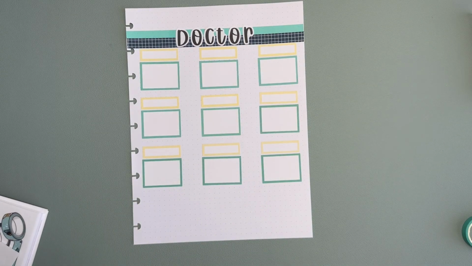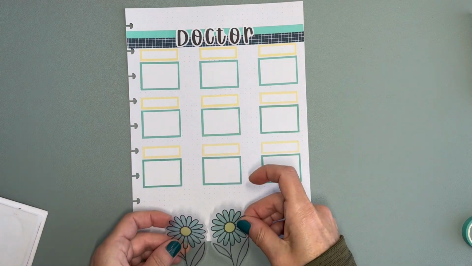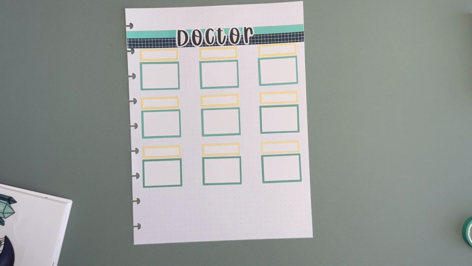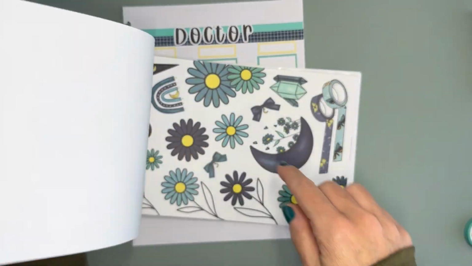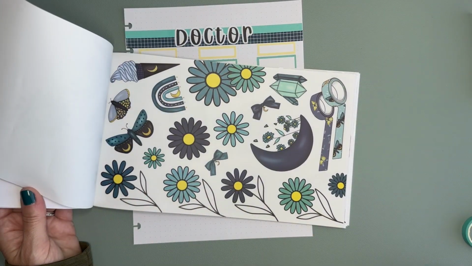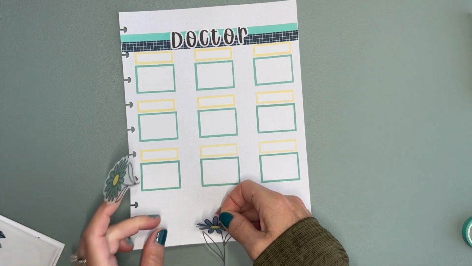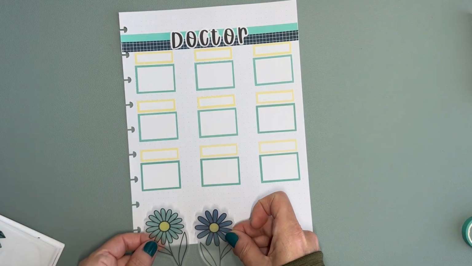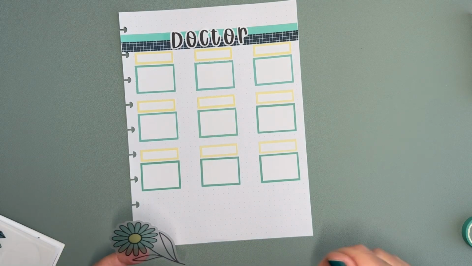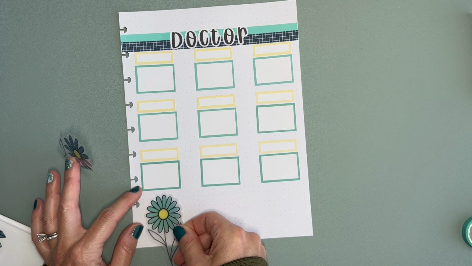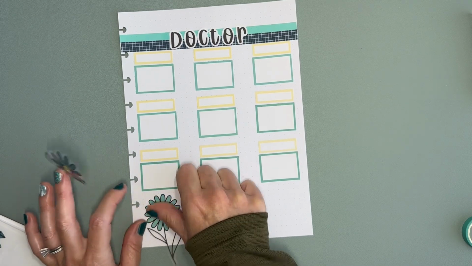So I have these 3 different colors of these flowers. I actually think that there are 4 of them if I go to the other page. Yeah, there were 4 of them. But let's see how many we think that we're going to want to put down here. I think I do want to have 4, but let's put them in varying heights. So I'm going to put this one down like that.